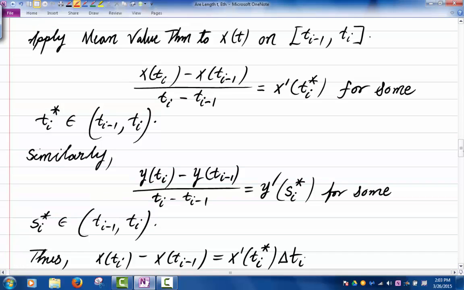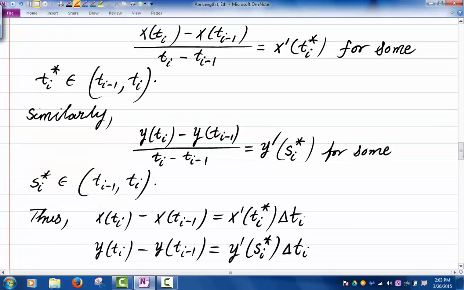The change of x is equal to x prime of t_i star multiplied by t_i minus t_{i-1}. Same thing here: the change of y can be written as y prime of s_i star multiplied by the length of the period t_i minus t_{i-1}. So I'm going to rewrite that.